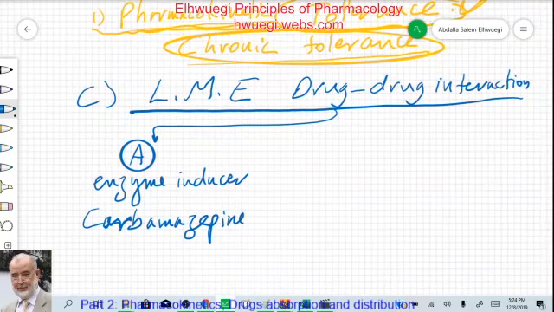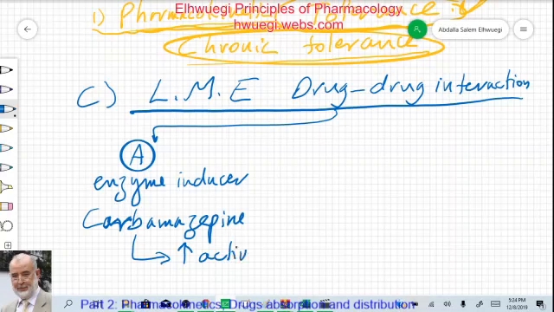I'm taking the drug for a long period of time. This is a strong enzyme inducer, so it will increase the activity and concentration of liver microsomal enzyme. This doesn't take place in a few days, but it takes place after a few weeks, maybe more than a month or so.